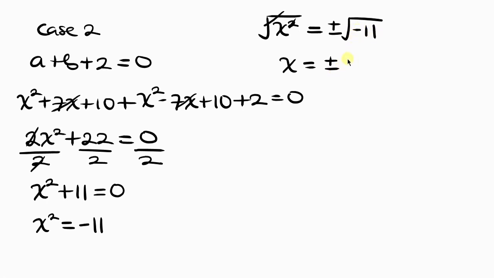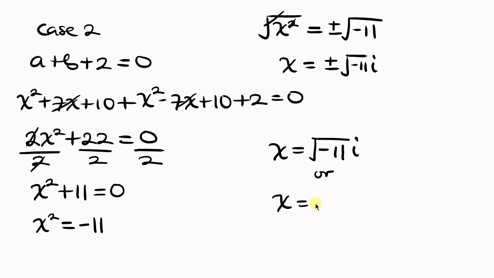So this gives the square root of 11 times iota. So there are two values for x here. So x is equal to the square root of, I'm picking up the positive one, 11 times iota, or x is equal to minus the square root of 11 times iota.